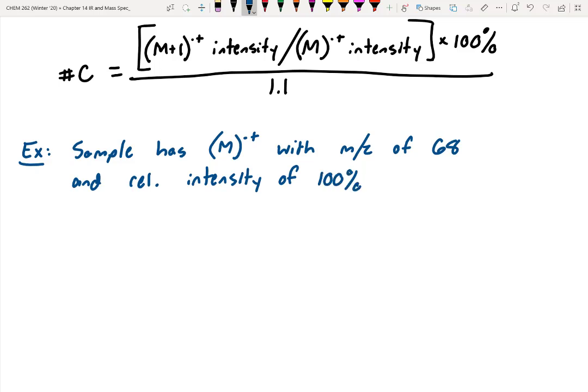Again, the relative intensity, you can scale it to be whatever you want. The mass plus 1 peak, meaning the mass plus 1 radical cation, has a mass to charge ratio of what? It's got to be 69, right? So it just makes sense that it's one heavier by definition.